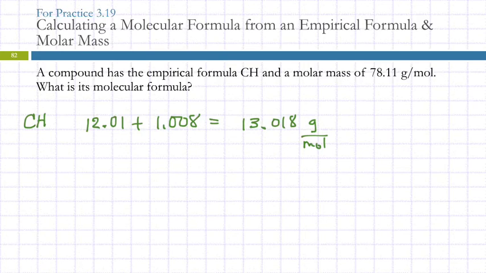We want to see how many times that fits into 78. That's using division. So we take the provided molar mass and divide by the mass of the empirical formula. So the units cancel out.